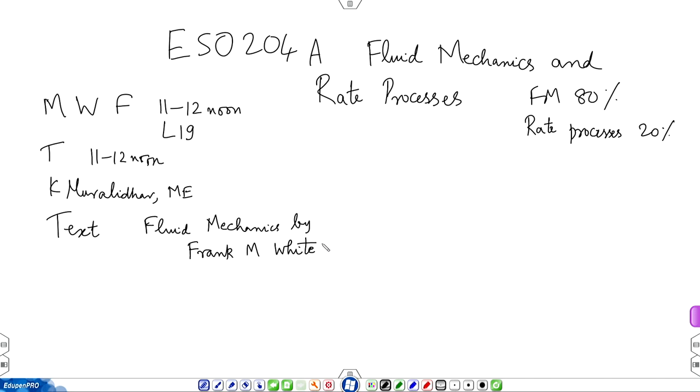Because it has gone into multiple editions, I think most of the solutions are correct. So, I write here, seventh or the 8th edition. We will start with this book.